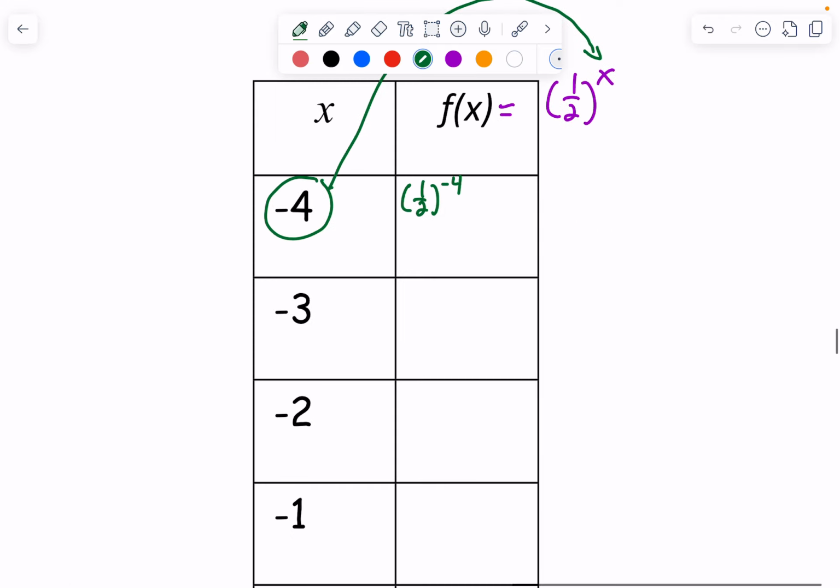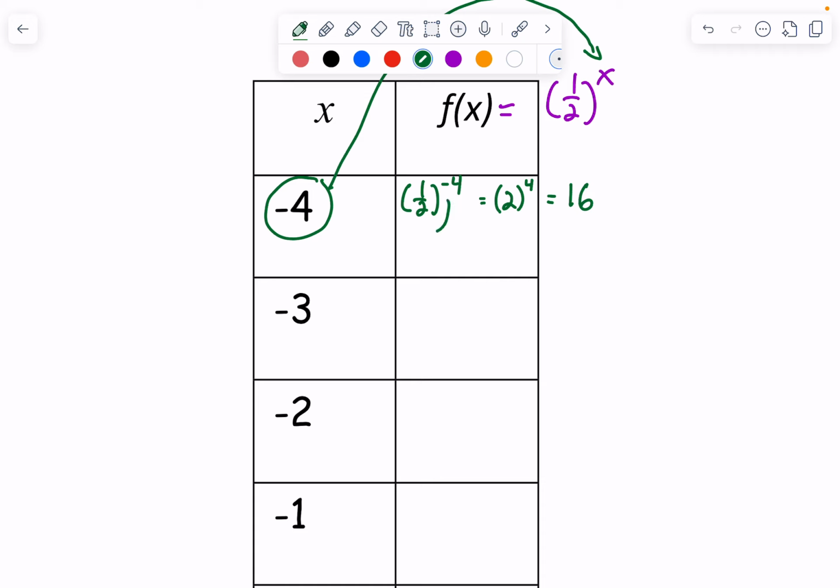Just like before, you deal with the negative exponent, so that tells you to flip your inside bracket. So now this is 2/1, which is just 2, and then you put that to the positive exponent 4. And 2 to the 4 is 16, okay?